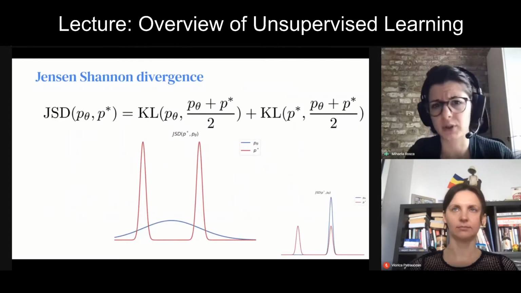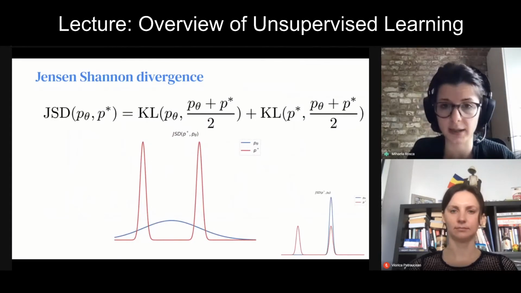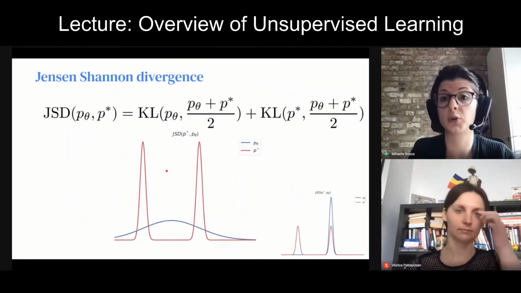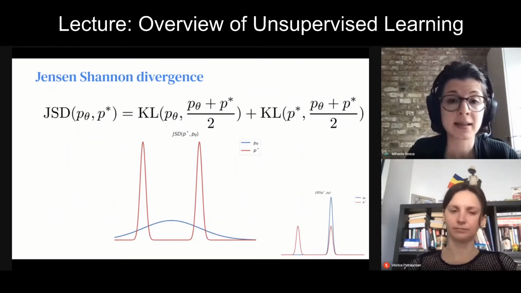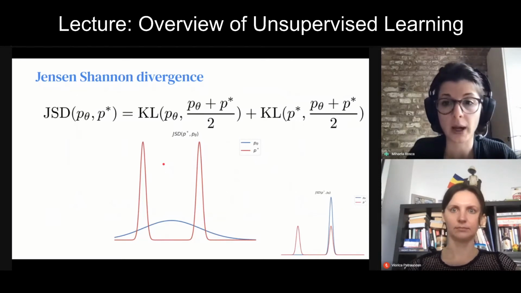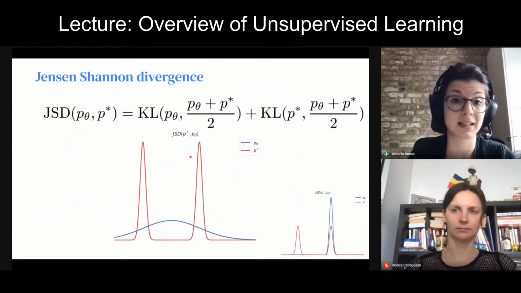And there are other divergences as well. So, for example, the Jensen-Shannon divergence is a mixture of the two KLs. So maybe you would think, well, we get something in between. Though in the case of the example that I've shown you before, what happens if you train a Gaussian distribution to minimize the Jensen-Shannon between these depends on initialization.